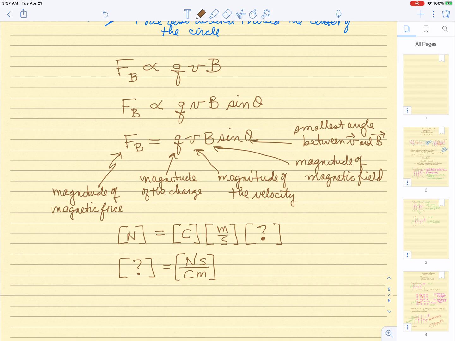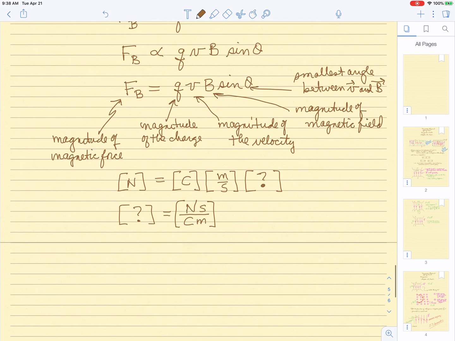Now, that's quite a bit to carry around. And so we defined that to be the Tesla, capital T. Okay?